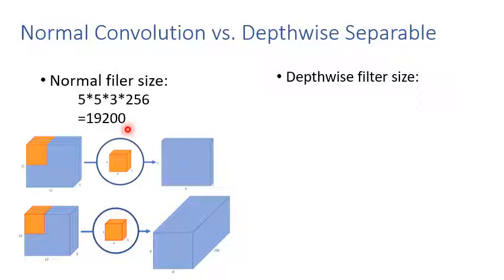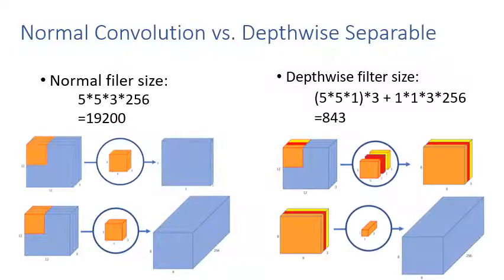So the total number of weights is 19,200 weights. On the other hand, the depthwise separable convolution separates the step into depthwise and pointwise convolution.